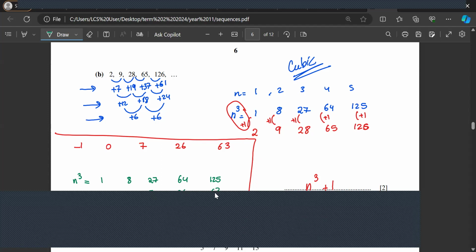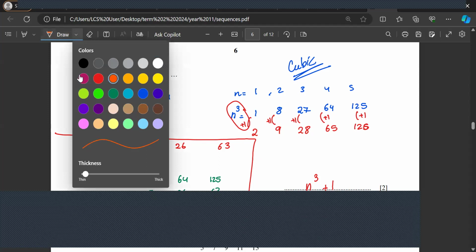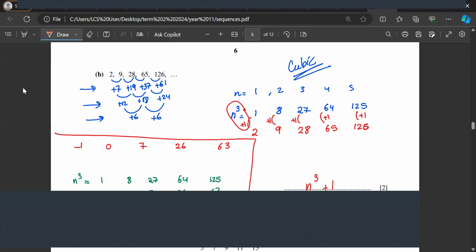Okay, now can you please tell me, is there any relation between these two lines? If you notice here, I am subtracting 1. Subtracting 1, but not from the term down, from the term next.